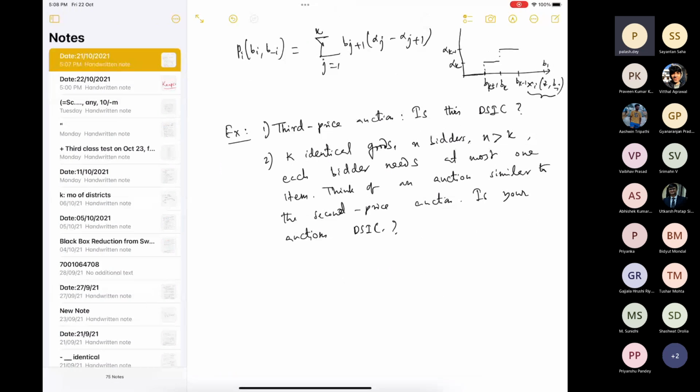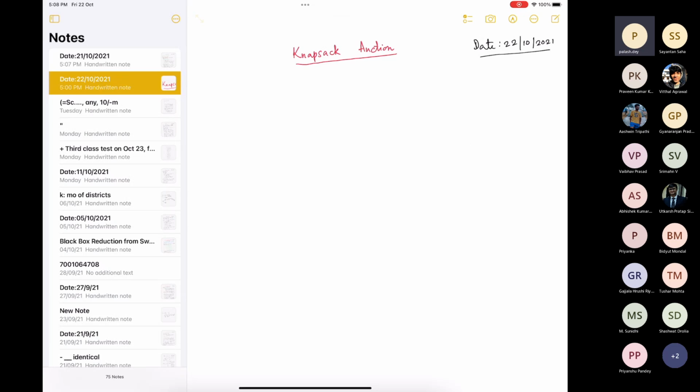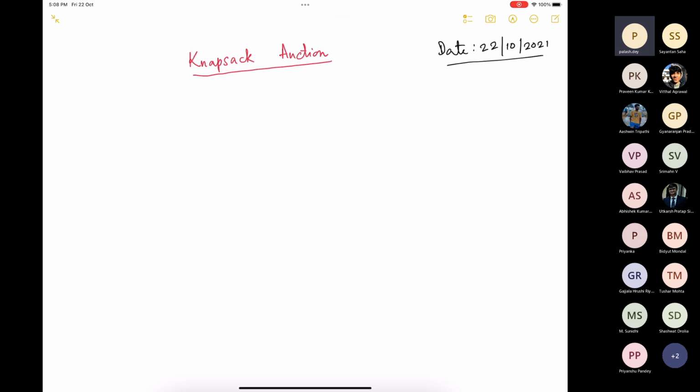Okay, so in today's lecture we will see another sort of setting and design a desirable auction for this particular setting, which we call the knapsack auction. So what is the problem? To motivate this, here is the problem, and we will motivate it also.